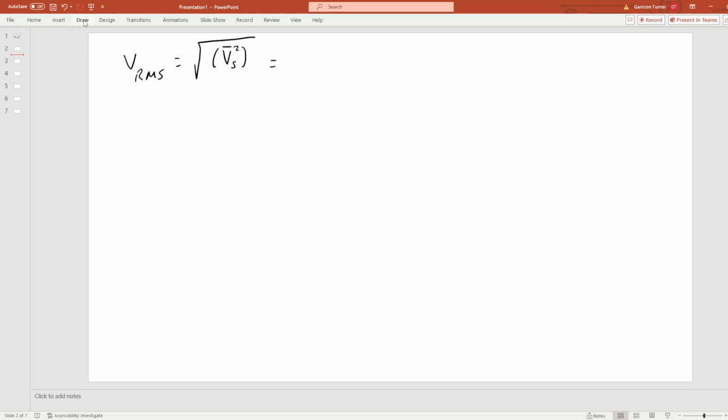So this is the square root of V naught squared over 2, V naught over root 2, or very approximately 0.707 V naught. For most calculations, 0.707 is all you will need. Very, very seldom, at least in this course, will you need more precision than that when it comes to the square root of 2.